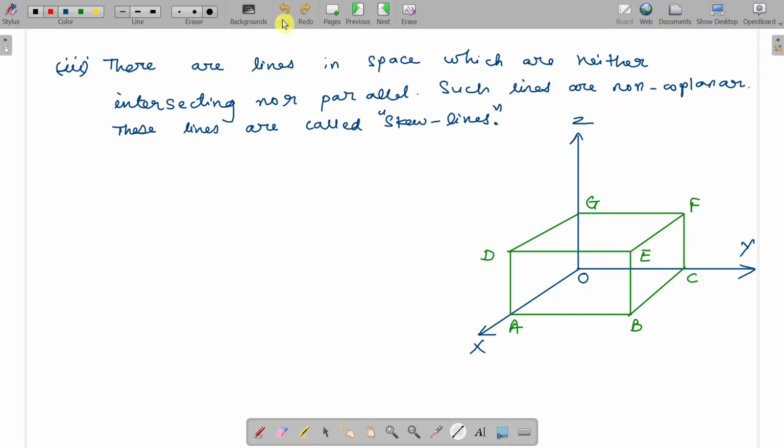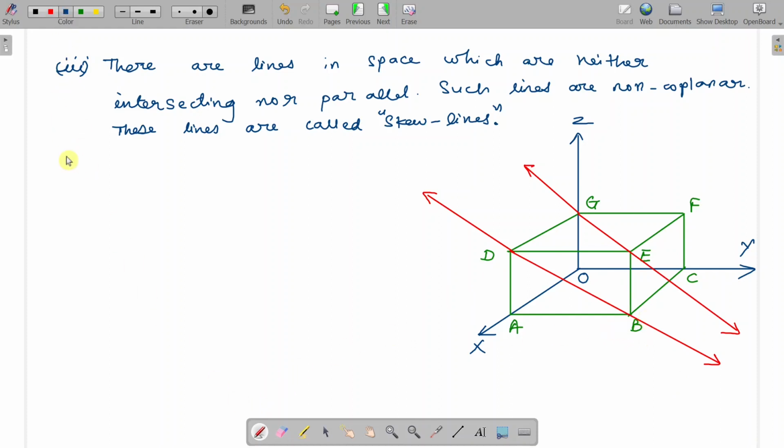Suppose we draw a line in this way, and one line in this way. These lines which are drawn are skew lines because they will not intersect each other, because this line is in the plane GDEF and this line here is in the plane DEAB, so the lines won't intersect.